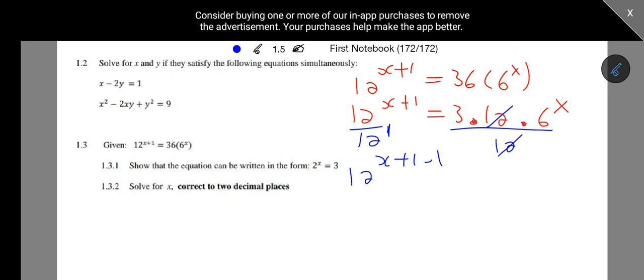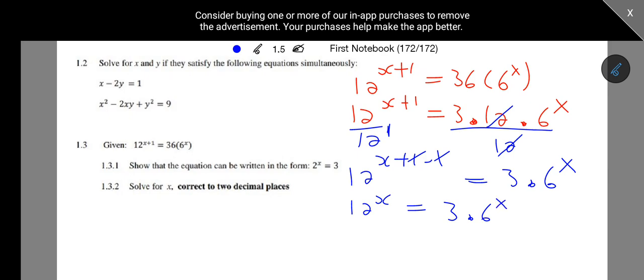Remember, you are dividing the same base, you must subtract the exponents. And on the right side, you are only left with 3 times 6 to the power of x. So these two will cancel out, and we're only left with 12 to the power of x. So 12 to the x is equal to 3 times 6 to the x.